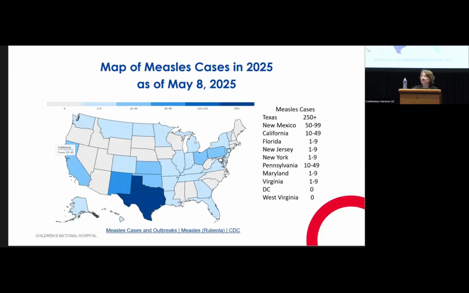There have been a smattering of cases in California and Pennsylvania. Also within the area, we've had 2 cases in Maryland. There have been a couple of cases in Virginia, none in DC or West Virginia. And I actually have to thank you very much for your wonderful vaccination rates within the DMV area, which has kept us out of outbreak status.